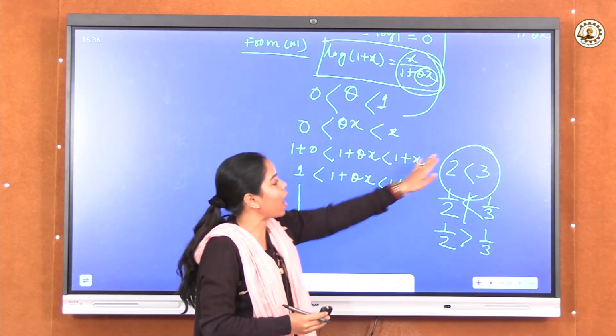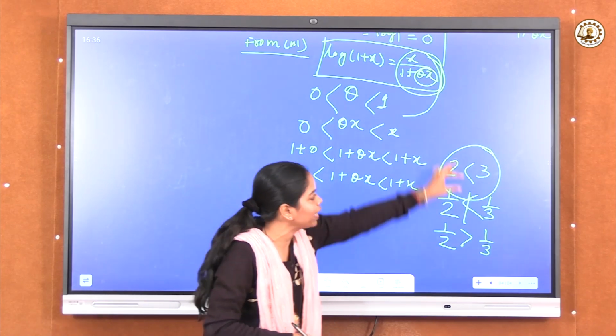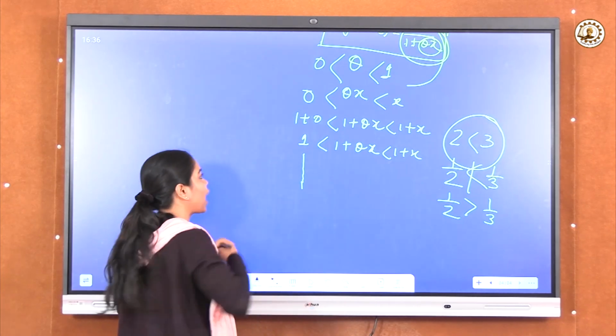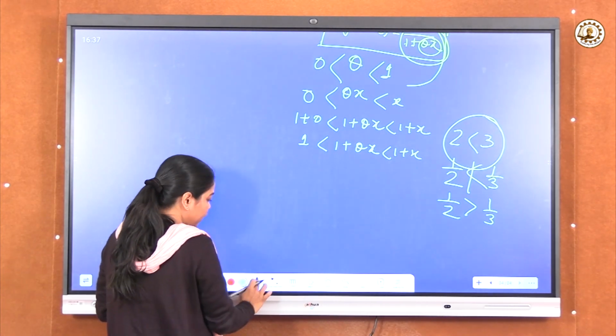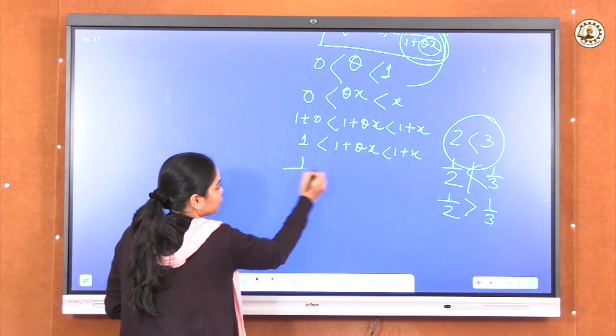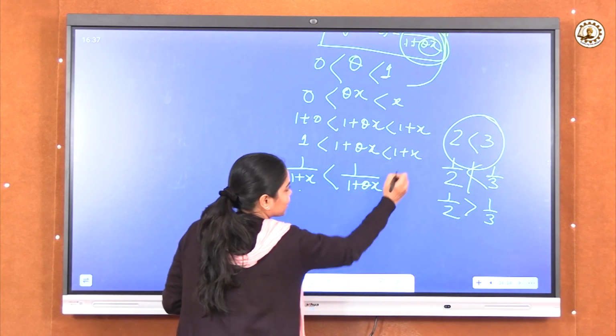So if we take 1 by any number or function, then the inequality changes from less than to greater than. Now if we take 1 by all of this, that will be 1 by 1 plus x less than 1 by 1 plus theta x less than 1.